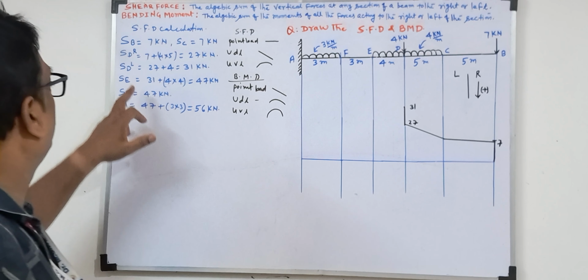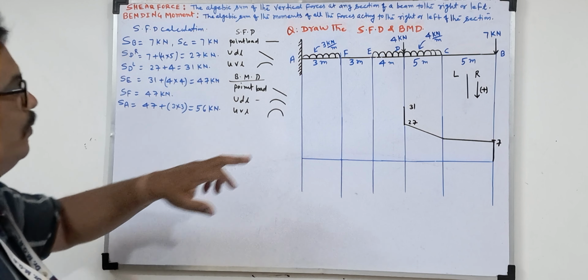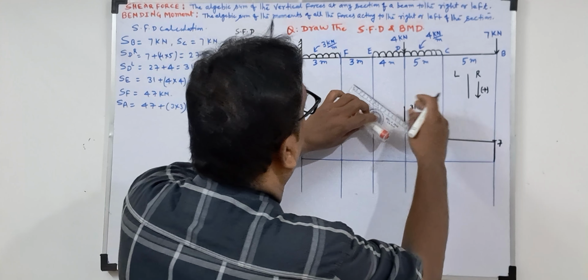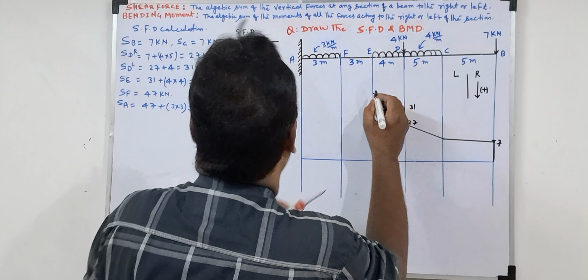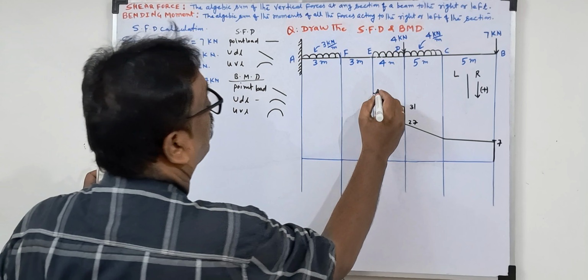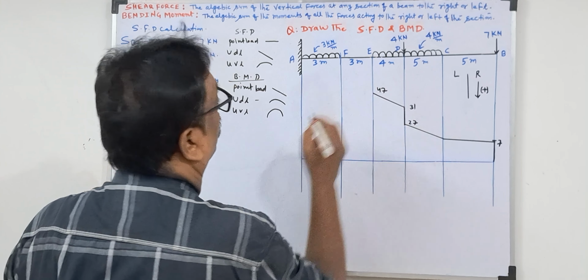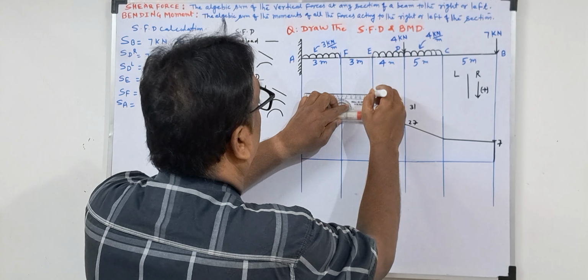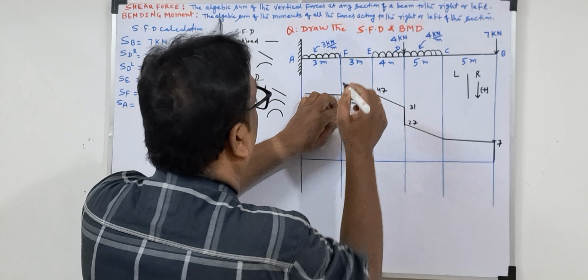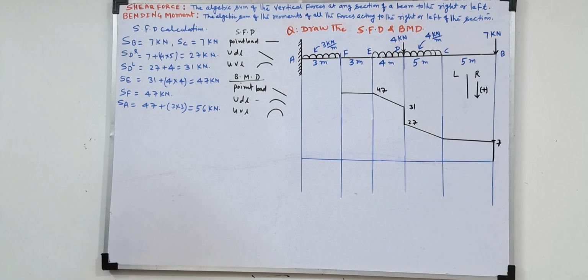Now at E, it is 47, but here a UDL is given. So again an inclined line. How much? 47. Now in between E and F, no load, so it will be a horizontal line.